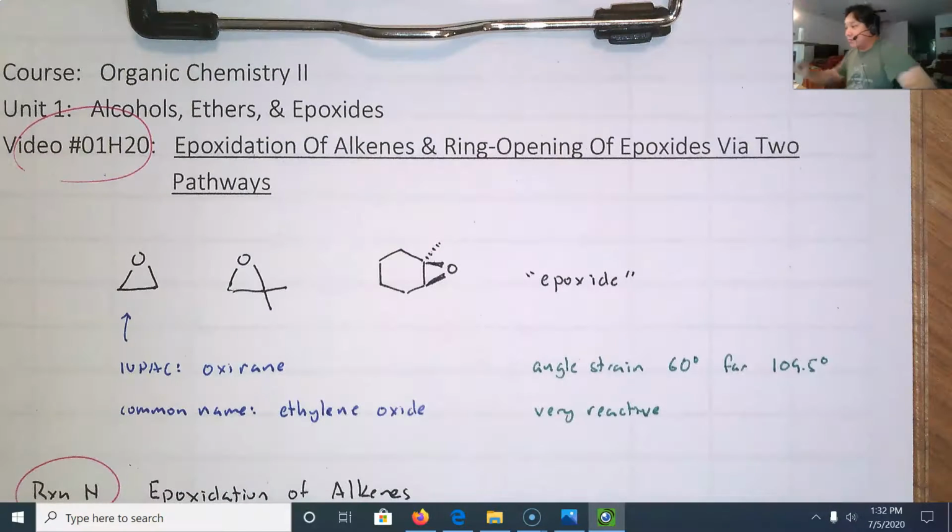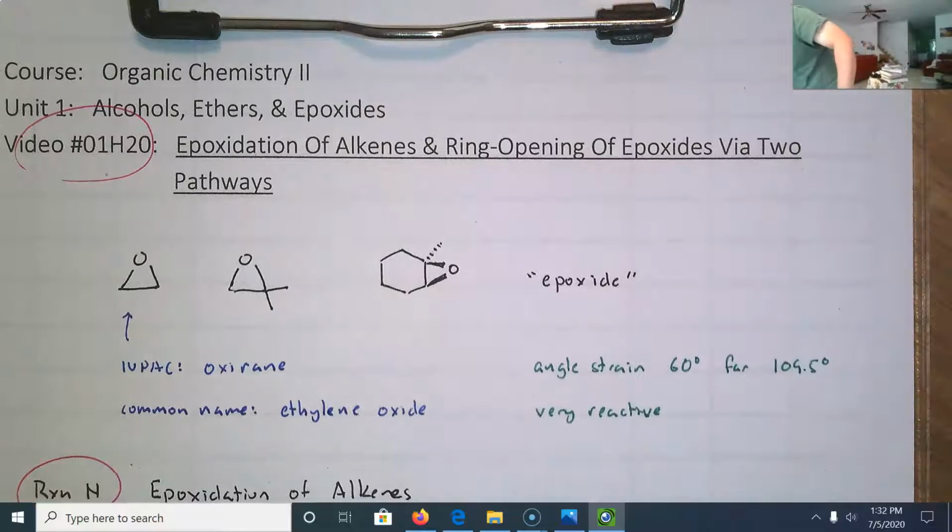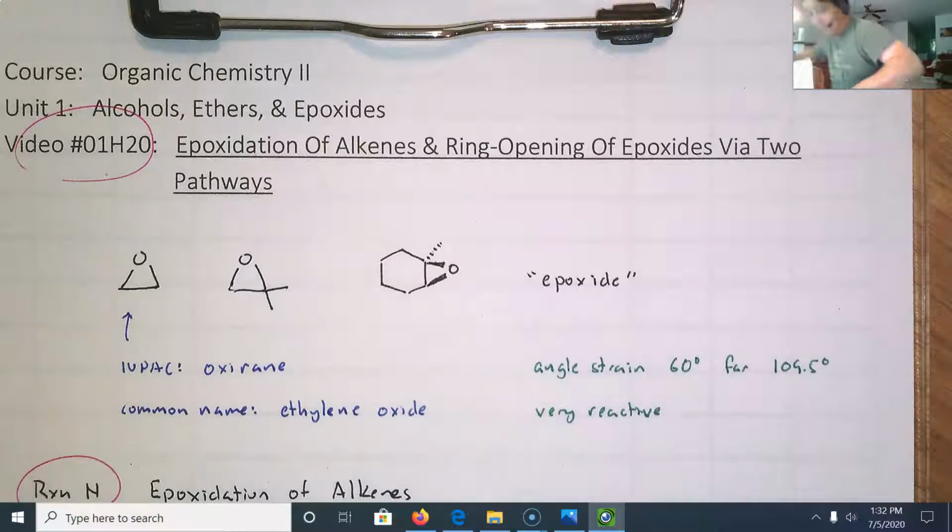Let me grab a new piece of paper. Reaction O. And this will be, like I said, option one.